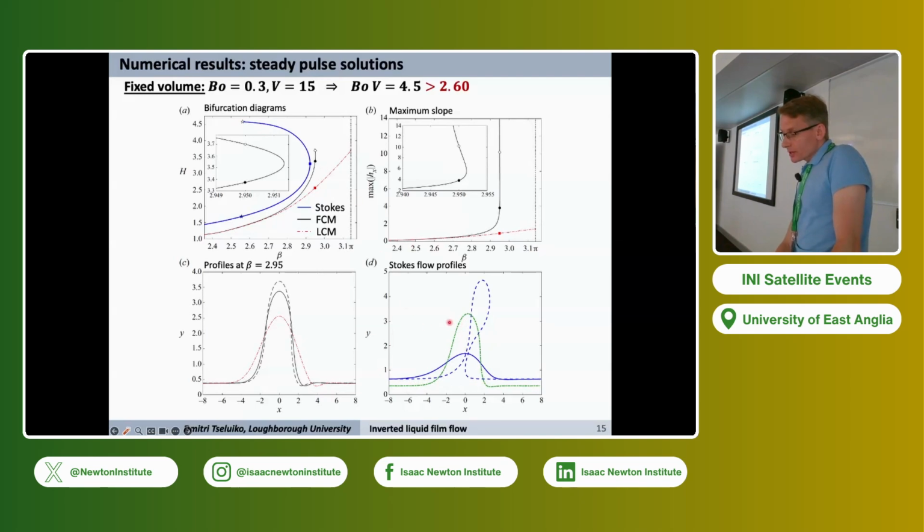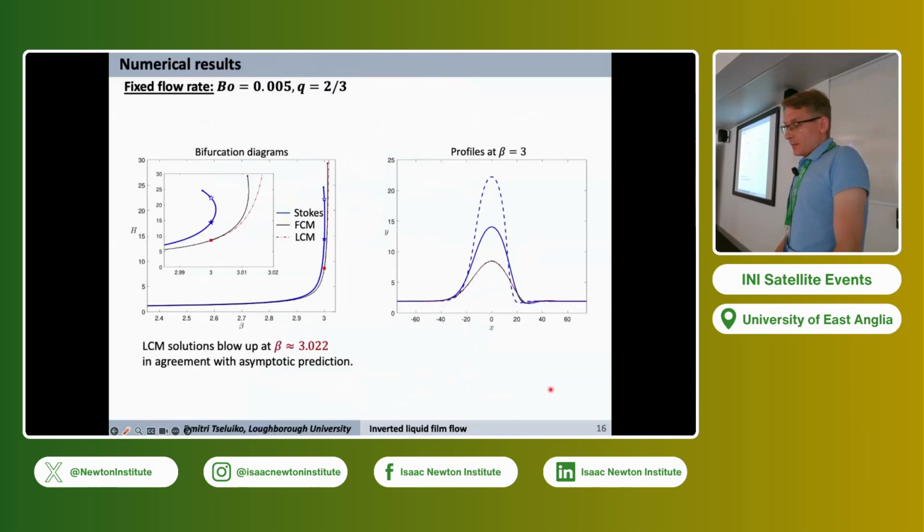Also in this panel, the green dotted line is the solution at the turning point, and the blue solid line corresponds to the same value of the inclination angle as this extreme solution, but on the lower branch. So this is the stable solution for the same value of the inclination angle.